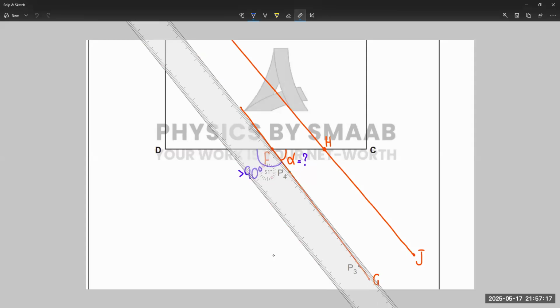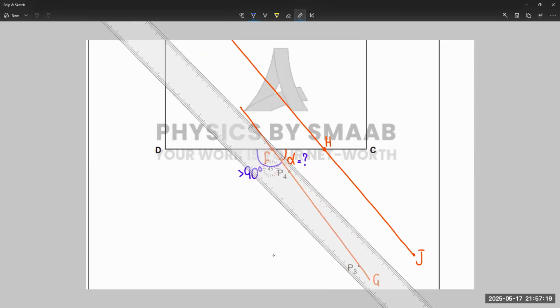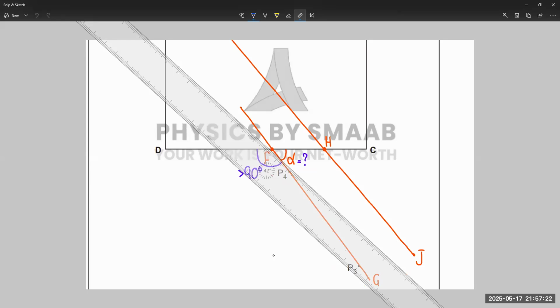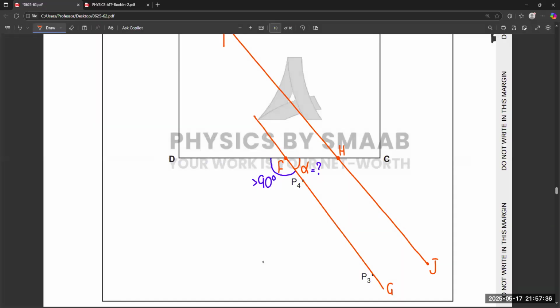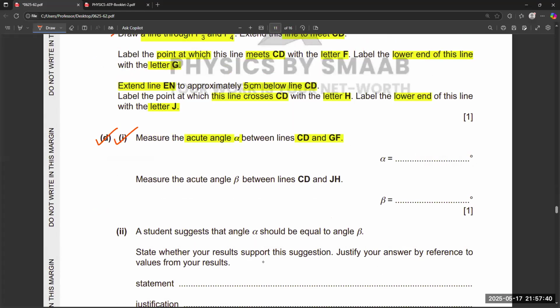If we start counting after 53, you can see it is increasing in the downward direction. So this angle is 53. 53 degrees.